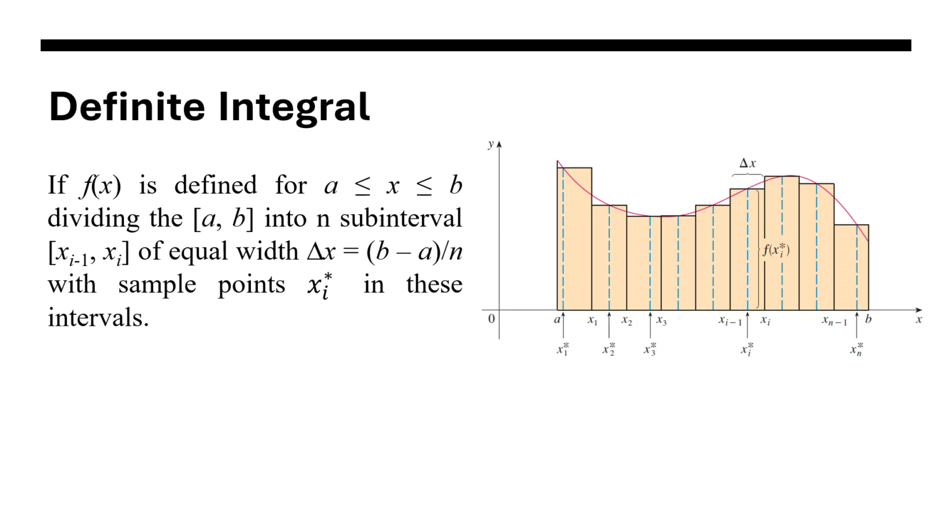So you have the subinterval from x sub i minus 1 to x sub i, with width delta x equal to b minus a all over n, and we will choose sample points x sub i star in these subintervals. Then we can form the Riemann sum, the summation of f of x sub i star delta x from 1 to n.